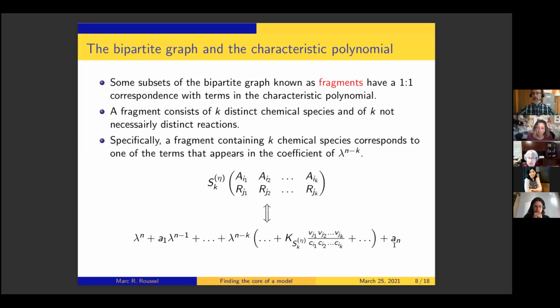If all the terms in there are positive, and this is the nice thing about mass action systems, right? For those of you doing electrophysiology or something, it's not so nice. But for us, the chemical species all have positive concentrations and the rate constants are all positive numbers. And so you can literally see the negative terms in your characteristic polynomial because they're the ones with negative signs in front of them.